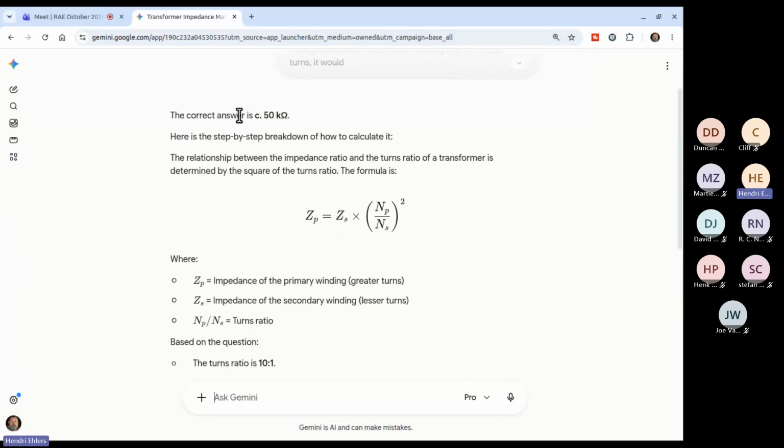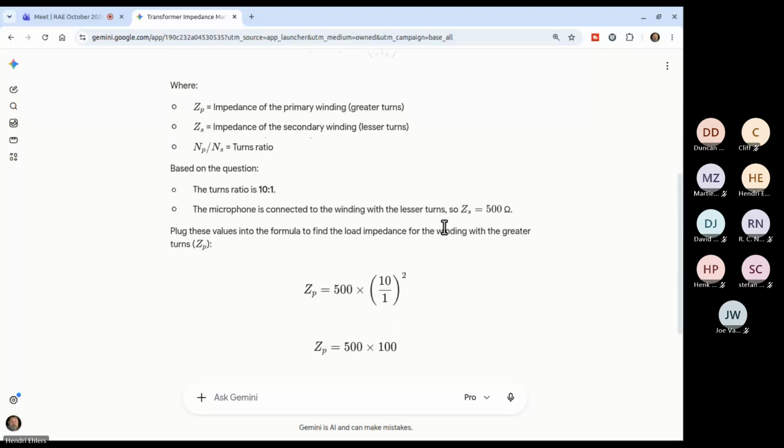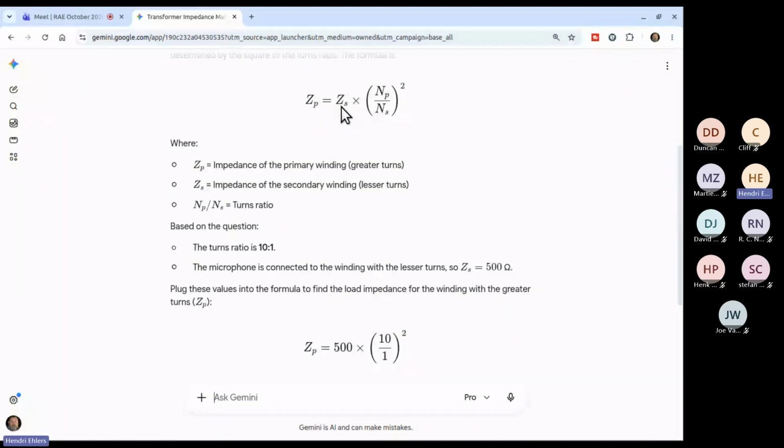Right, so 50 kilo ohms, that is the correct answer. So that is secondary turns is 500, and that's the ratio.